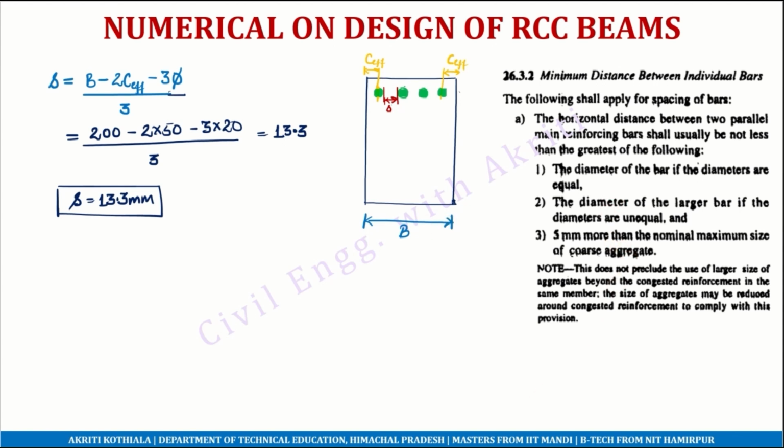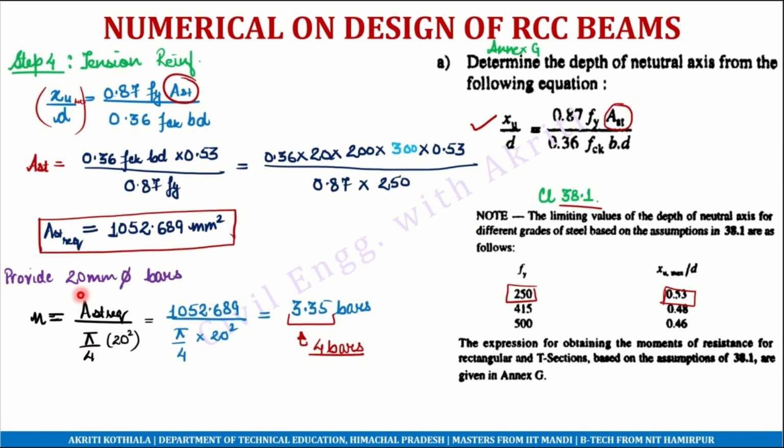So 13.3 mm is not acceptable because we have to provide a minimum spacing equal to or greater than the maximum diameter of the bar, which is 20 mm in this case. So the minimum spacing between these bars should be 20 mm, and we do not have this amount of space. So we have to rearrange and re-provide the bars to satisfy the required value of steel.